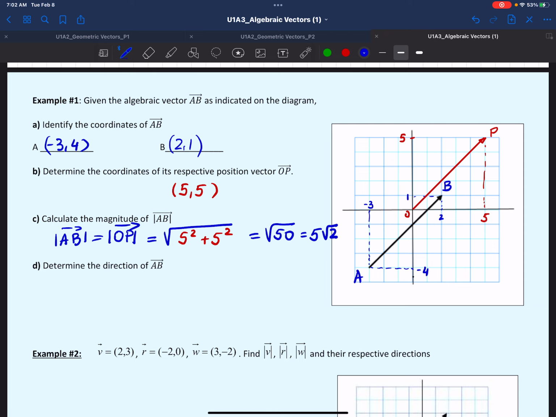Now we have to find the direction of AB, which means that we have to find the angle that the respective position vector of AB, which is this one, will make with the positive x-axis. So this is the angle we're looking for. And we'll say that we're trying to find angle theta. So that must be inverse tan of y over x.